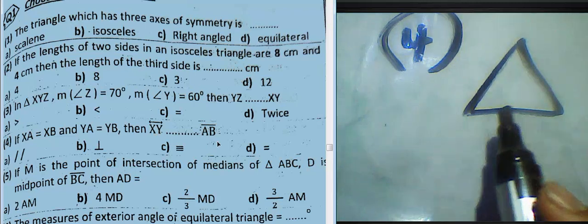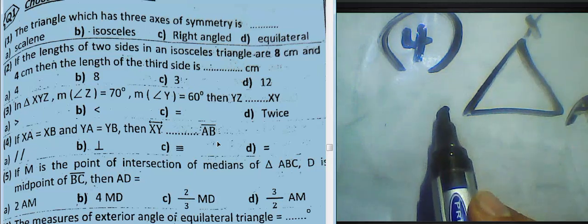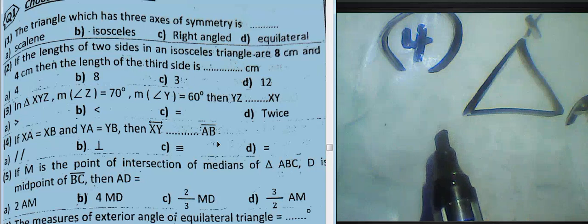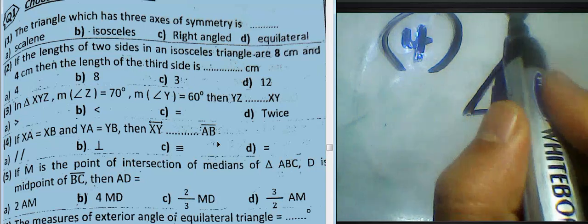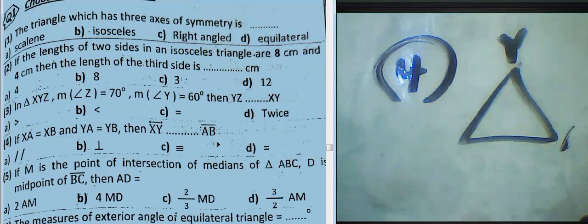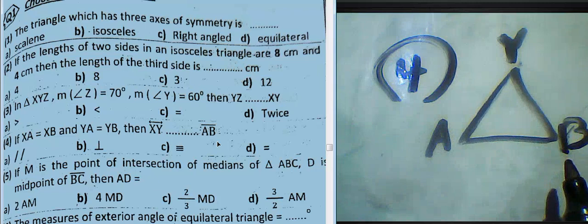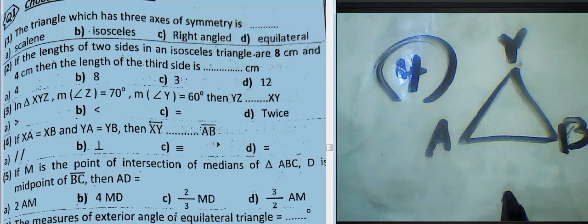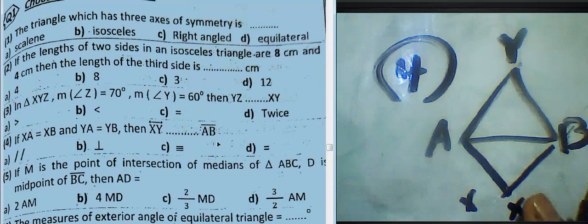If XA equals XB, it's the line here. We have Y here. YA equals YB, and XA equals XB. Okay, XA equals XB.